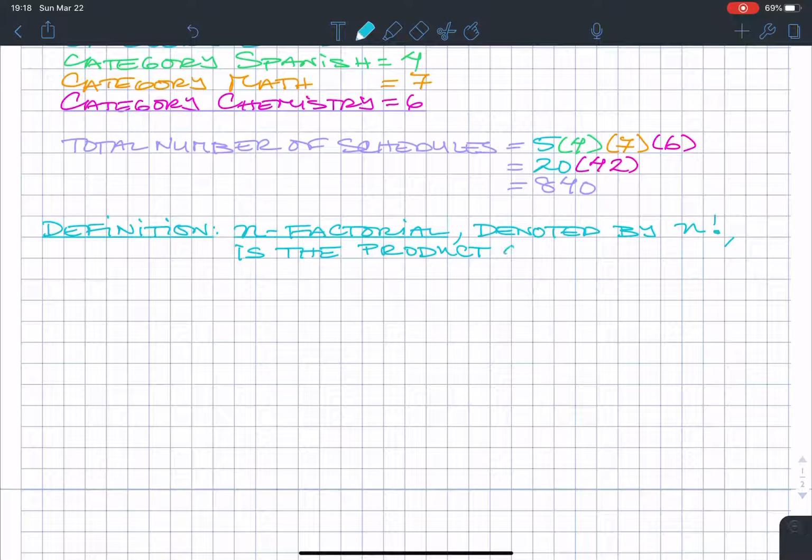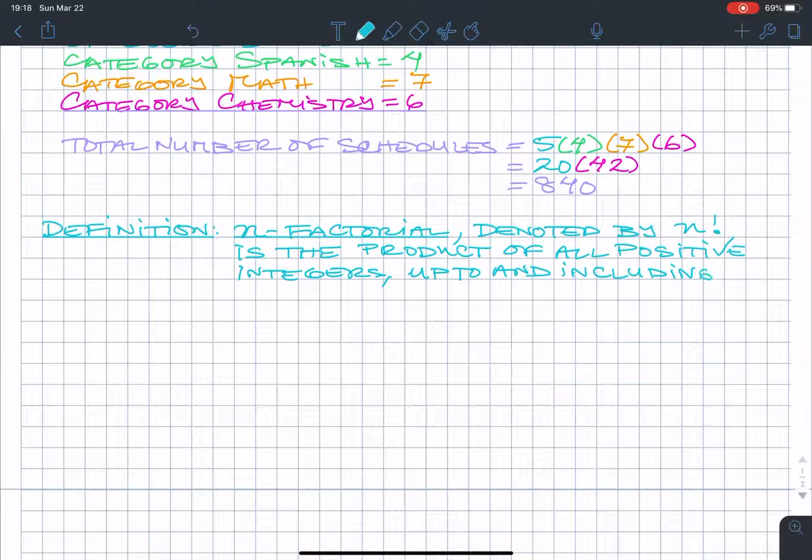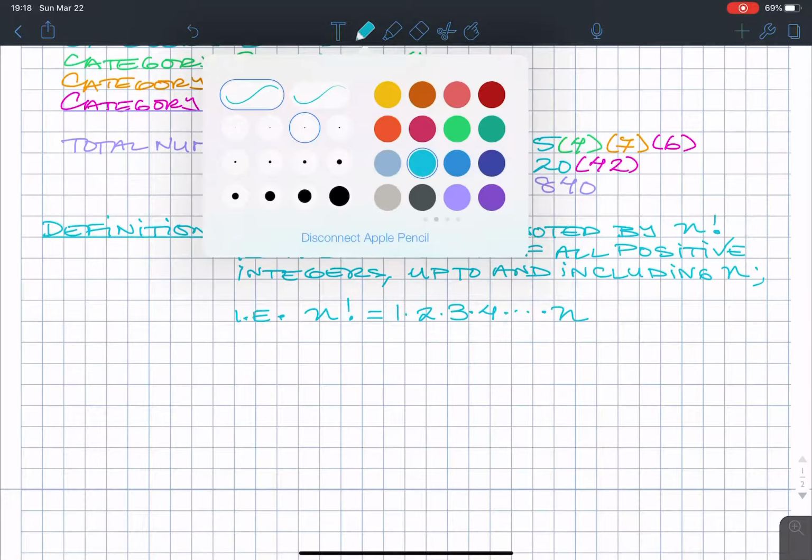So it is the product of all positive integers, meaning whole numbers, up to and including n. So that is, i.e., n factorial is going to be 1 times 2 times 3 times 4 times ... times n. It's a product of all numbers up to and including n.